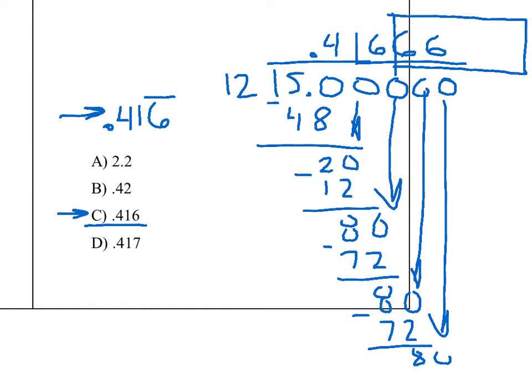Now, let's talk about some rounding here for a second. Most of you did decide you wanted to round. You chose answer choice C. Thinking about rounding, if you wanted to round to the thousandths place, and we've seen this on our homework plenty, you would have circled the thousandths place. You would have looked at the number next to it and determined whether it needed to round up or down.